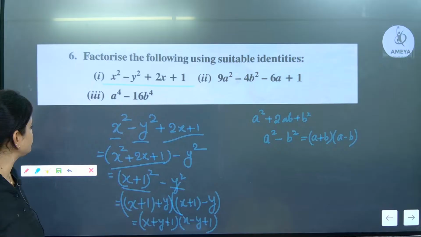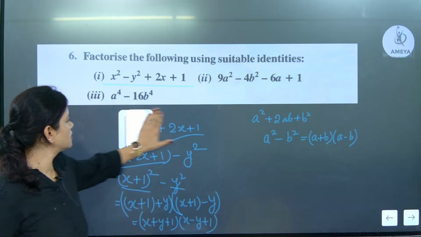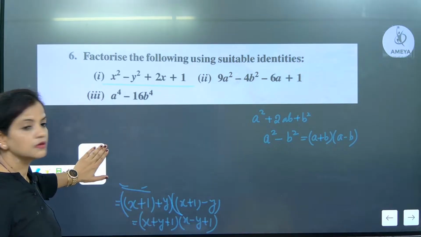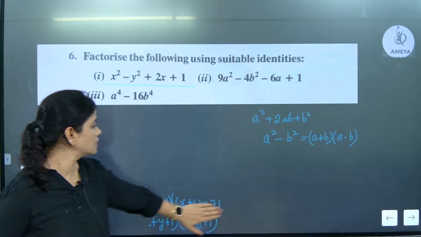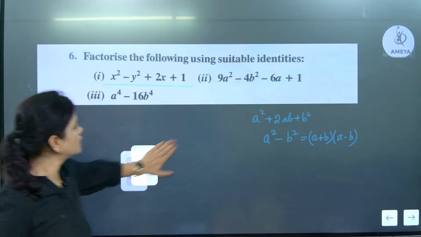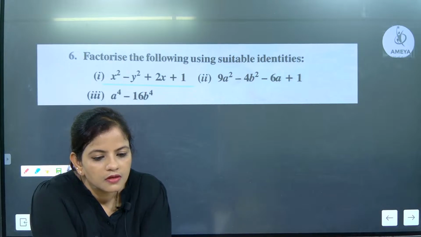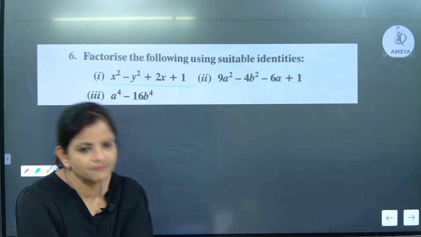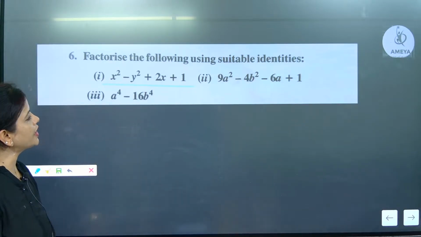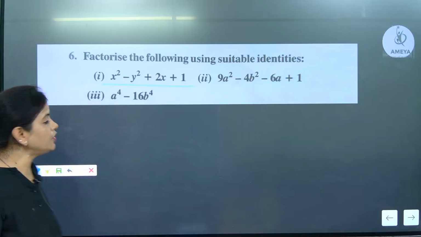Understood, beta? Which one? Super, very good. Correct only. Now look here. What you did there, beta? Again you took common, Amrish?